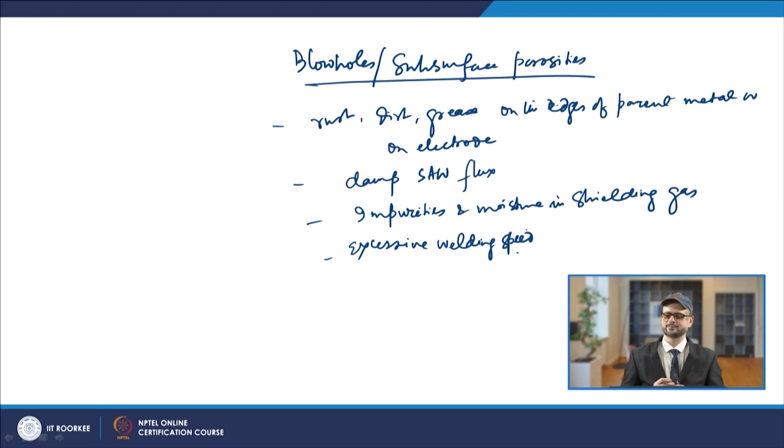What happens is the gas envelope which is formed around the weld pool. When you have a very high welding speed, then that envelope which is created for shielding becomes ineffective, and in that case you have the chances of having these blowholes or subsurface porosities.